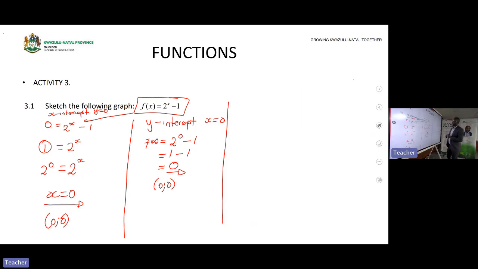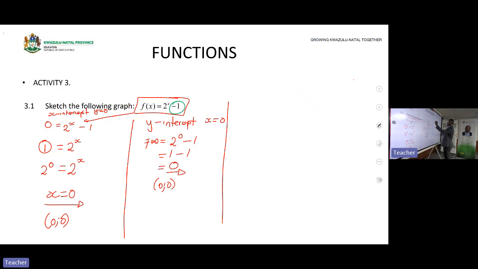Then we also have the equation of asymptote. We said in this graph, we have a horizontal asymptote, which is the value of q. So you can see in our equation, f at x, if you look at the value of q, our value of q is -1.